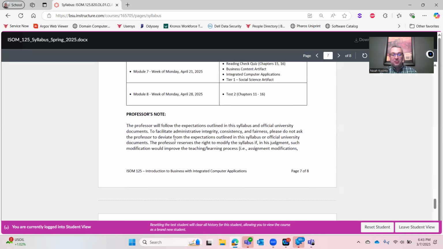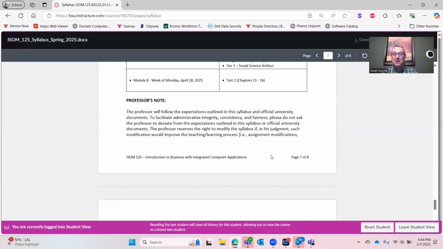And finally, professor's note. I will follow the expectations outlined in the syllabus and official university documents. To facilitate administrative integrity, consistency, and fairness, please do not ask me to deviate from the expectations outlined in the syllabus or official university documents. I reserve the right to modify the syllabus if, in my judgment, such modification would improve the teaching and learning process.